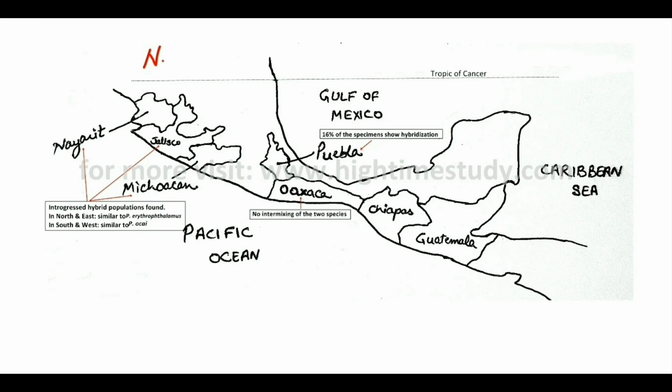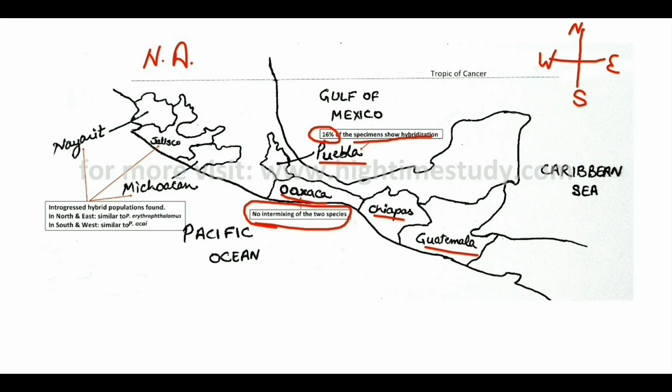So this is North America on this side. Let's make the directions again: north, south, east, west. So we have Chiapas here, Guatemala, and Oaxaca. There is no intermixing of the two species here, whereas in Puebla 16% of the specimens show hybridization. That means that erythrophthalmus and ocai have hybridized.